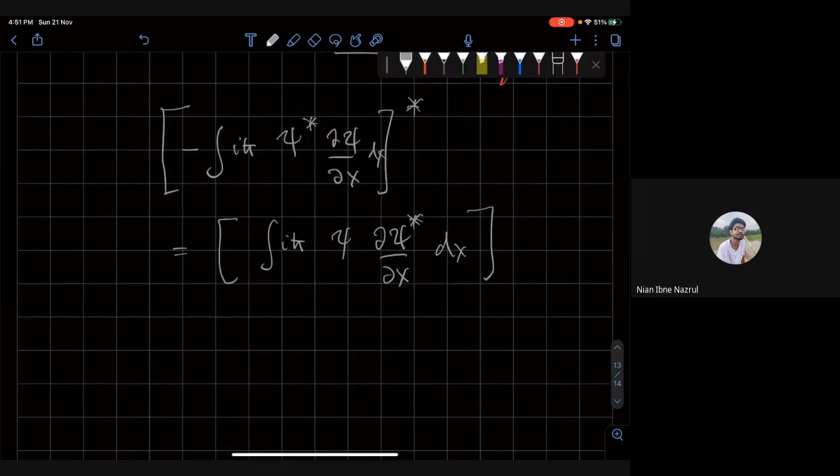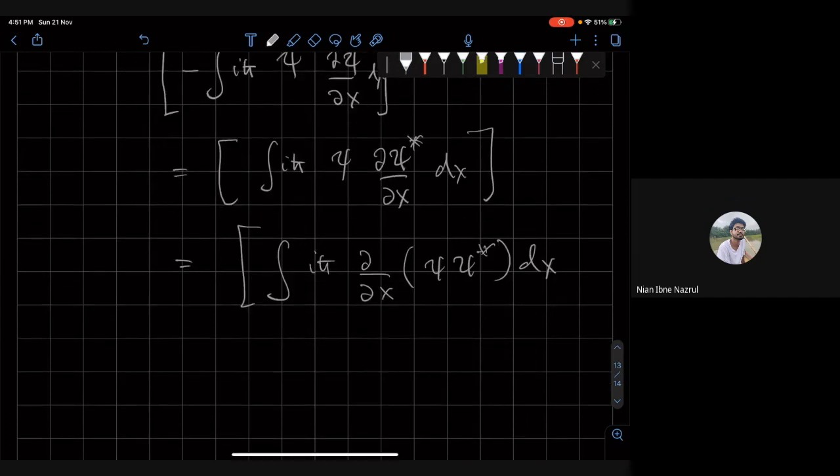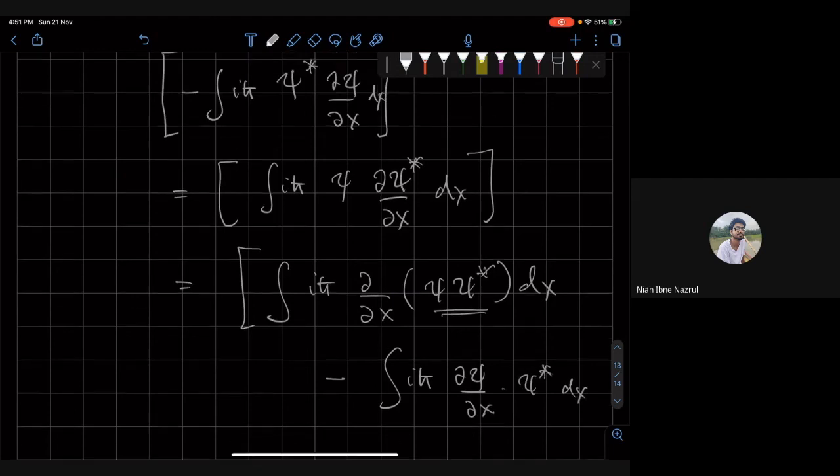Now if I do an integration by parts, what will happen is that I'll have a term like this, which is psi star of dx, and this term is going to vanish because at infinity these guys vanish, and then I will have a term which is minus I h bar of d psi d x times psi star d x, right?